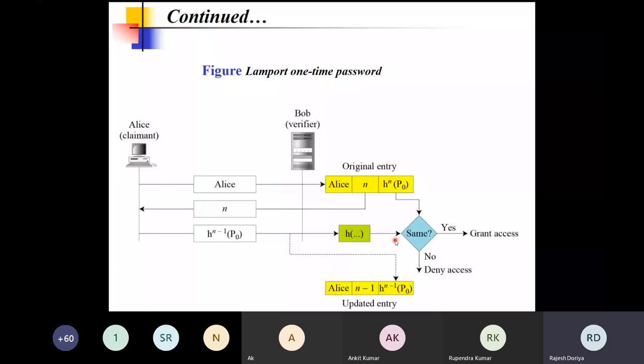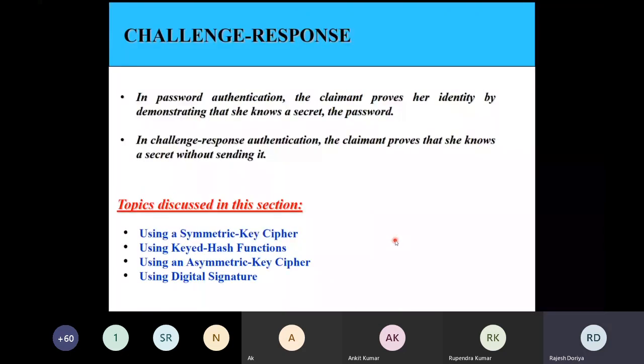Now we have another type of entity authentication called challenge response based authentication. In password based authentication, the claimant generally proves his or her identity by demonstrating that he or she knows a secret, which in general happens to be a password.